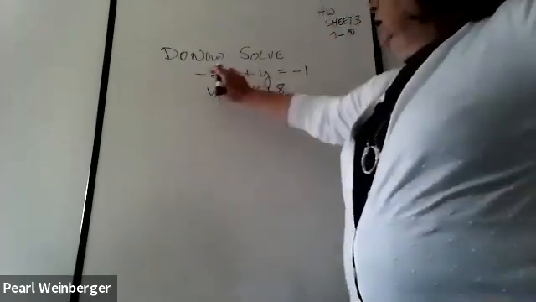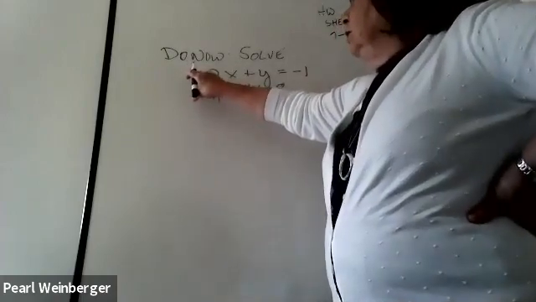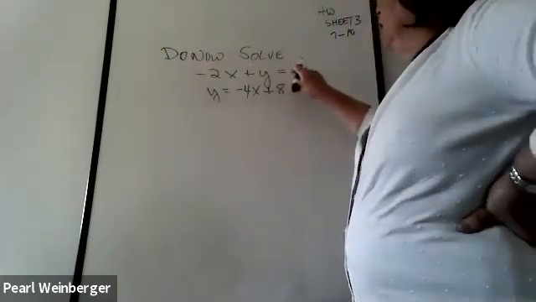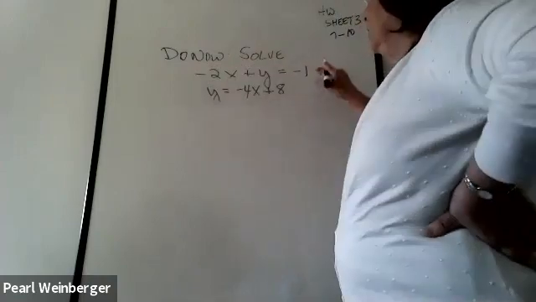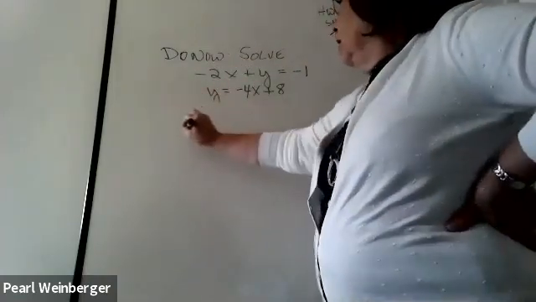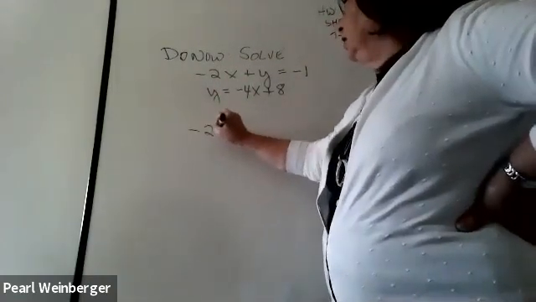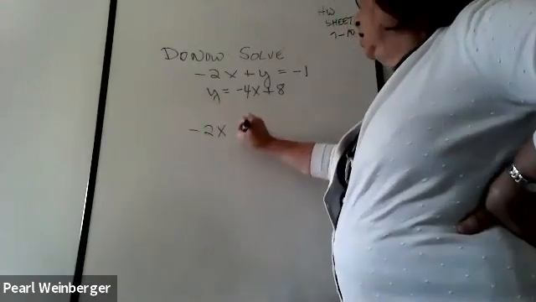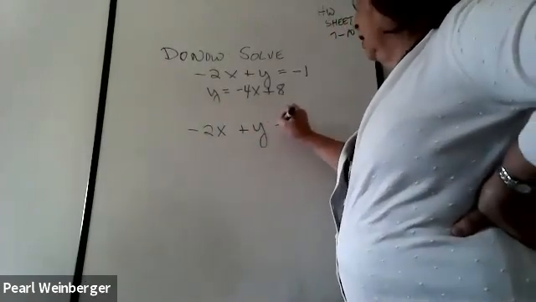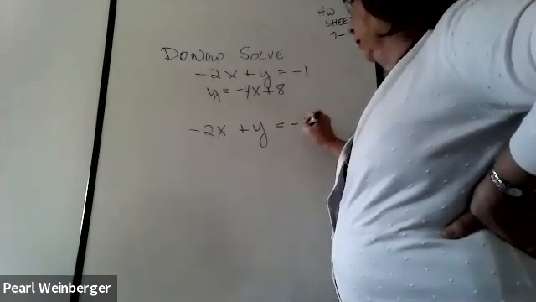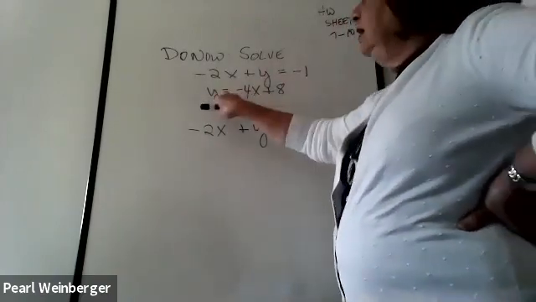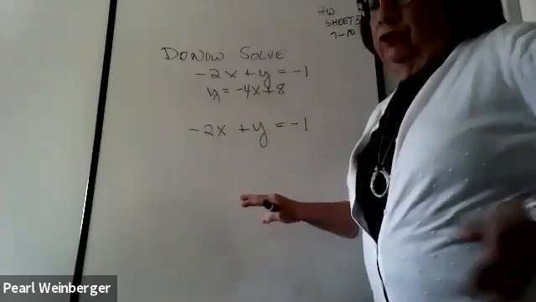And I noticed that the first equation, negative 2x plus y equals negative 1, is in the standard form. Negative 2x, the x first, then plus y, equals a number. But the second equation is not in standard form.